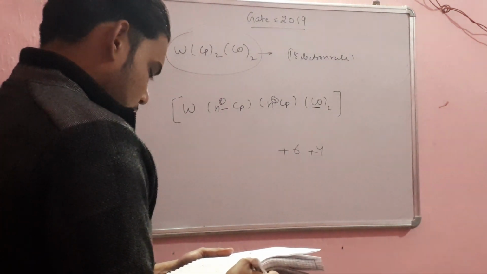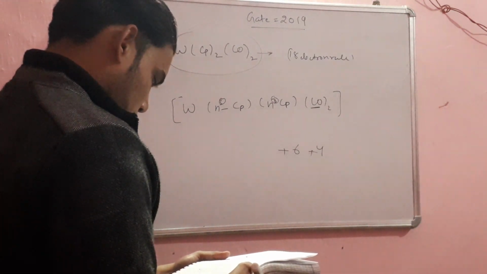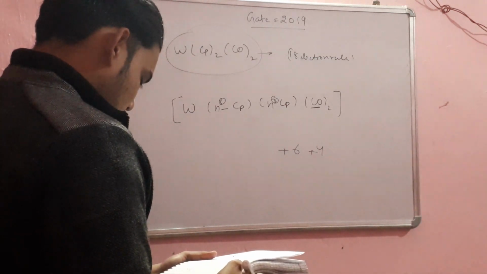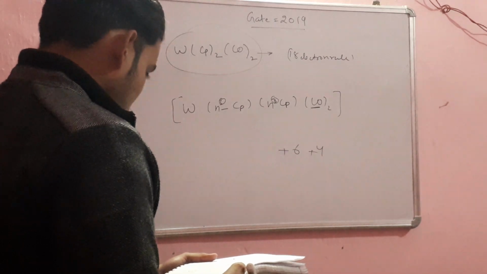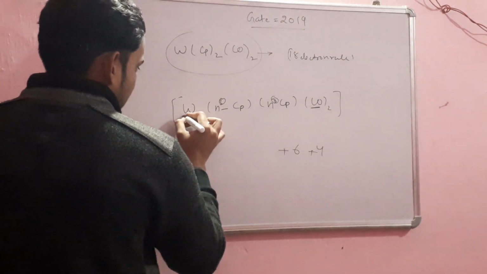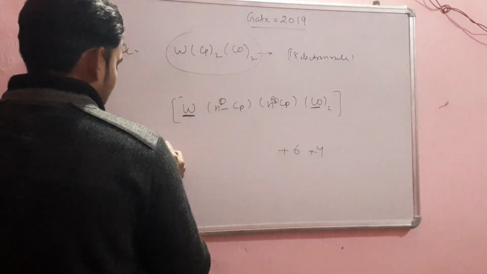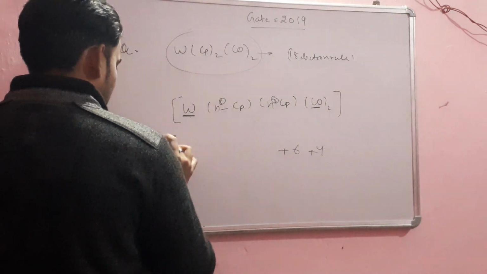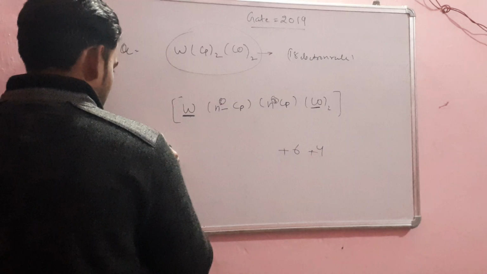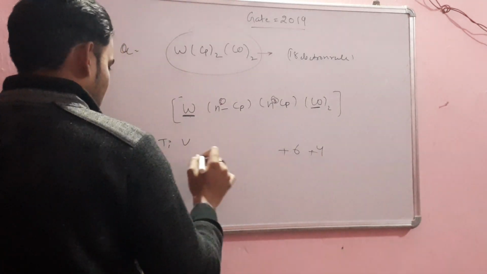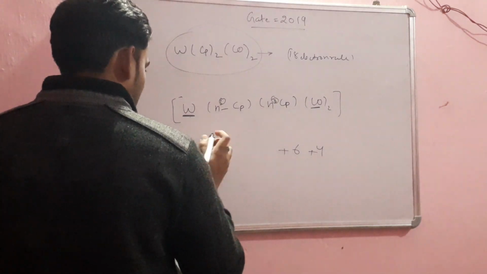And for this, we know that the metal is tungsten, so let me calculate the group number for you.